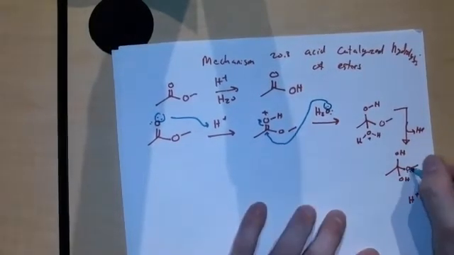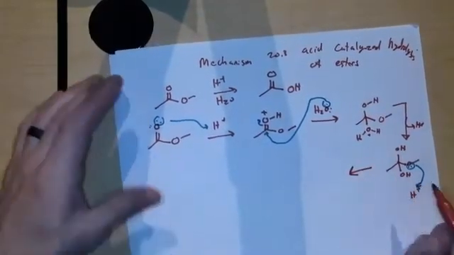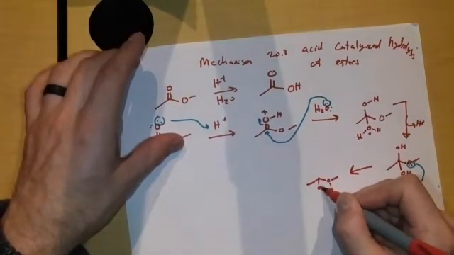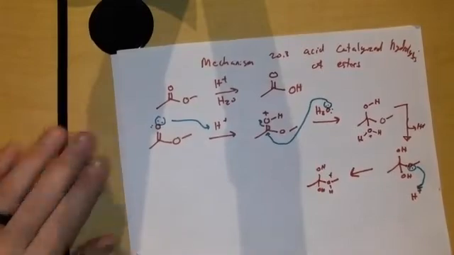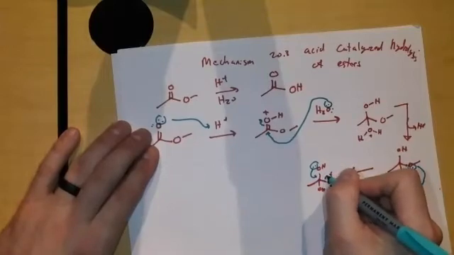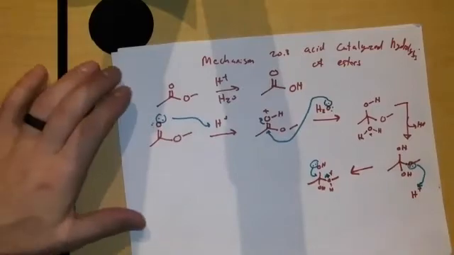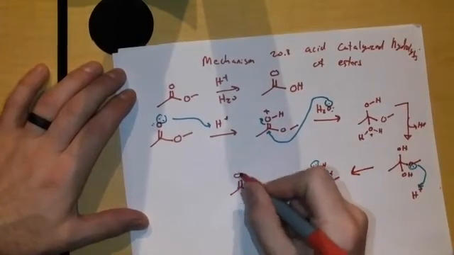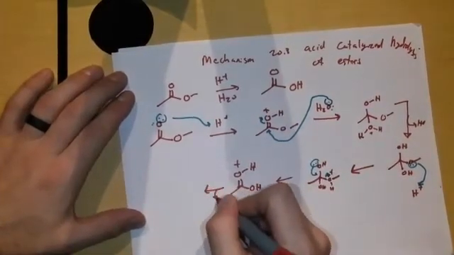Pick up that proton on our ester oxygen. Kick out that O+ here. Make a protonated carboxylic acid, which can lose that proton to make your regular carboxylic acid.